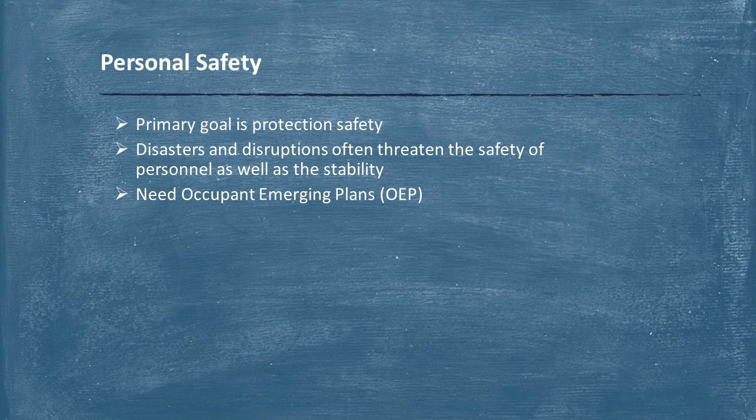Disasters and disruptions often threaten the safety of people or personnel, that is employees, as well as the stability of the facility. For that matter, we need occupant emergency plans. Like how do you treat people if they are in danger, like if they are injured or some such things. So there should be an emergency plan.